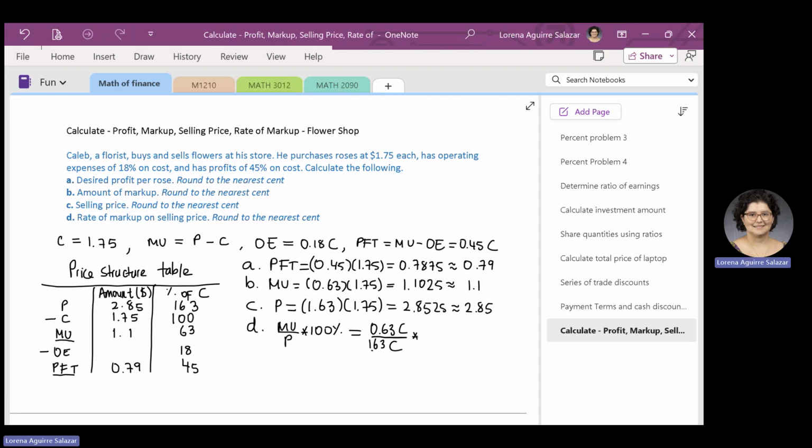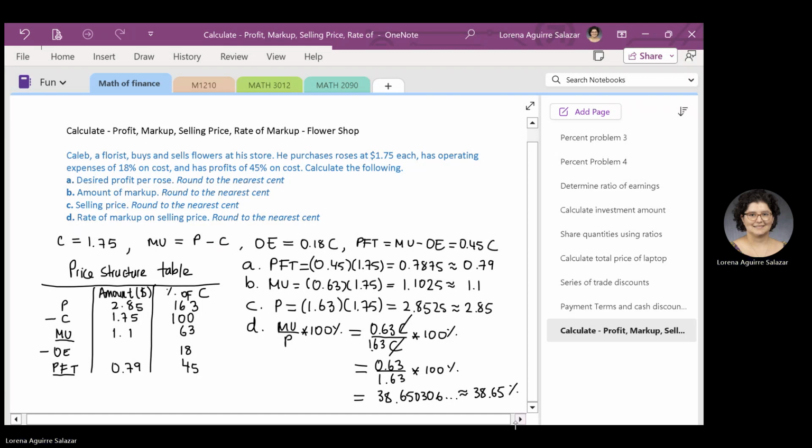And so the cost cancels, we get 0.63 divided by 1.63 times 100. This number is equal to 38.650306 and so on. We can round this off to 38.65%. So the rate of markup on the selling price is about 38.65%. And that's the end of this problem.